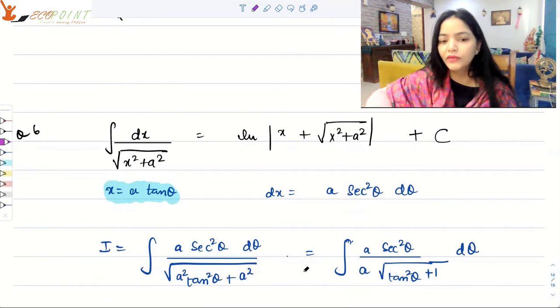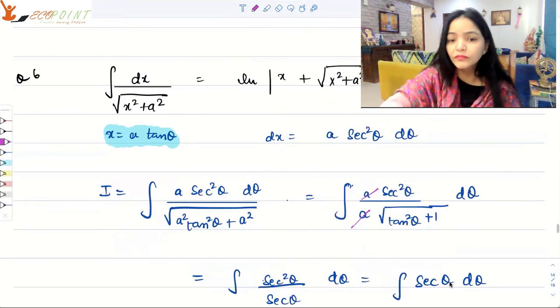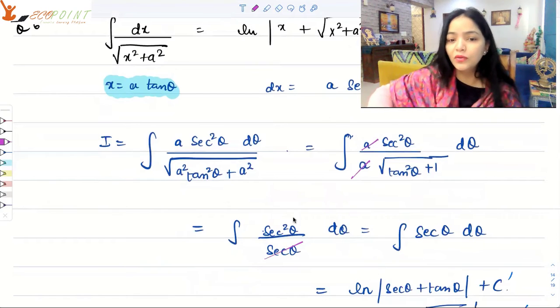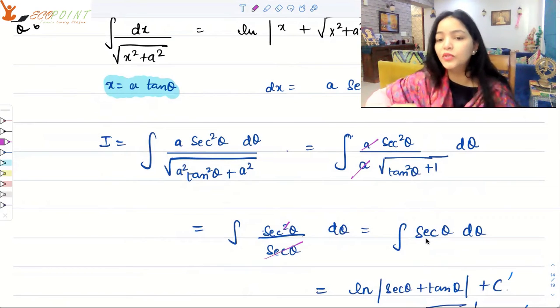Let's make the substitution. Clearly, just like in the previous case, you'll have a secant square theta d theta upon square root of a square tan square theta plus a square. So a comes common, it can cancel out. You have secant square theta upon tan square theta plus 1 in the square root, which is nothing but secant. So one secant cancels and you are left with integral secant theta d theta again, which is log of secant theta plus tan theta in modulus plus c.